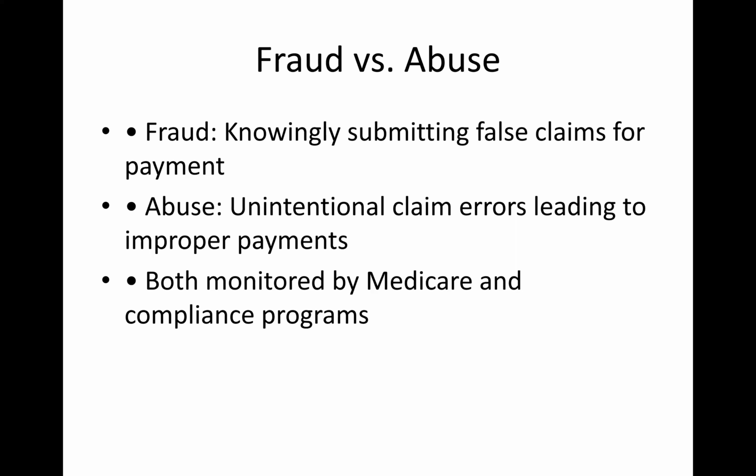We know we're overcoding or upcoding to get more money. Abuse is basically an unintentional claim, and this could be because of poorly trained staff or technology that we don't monitor or what have you. And both of these are monitored by Medicare and compliance programs.